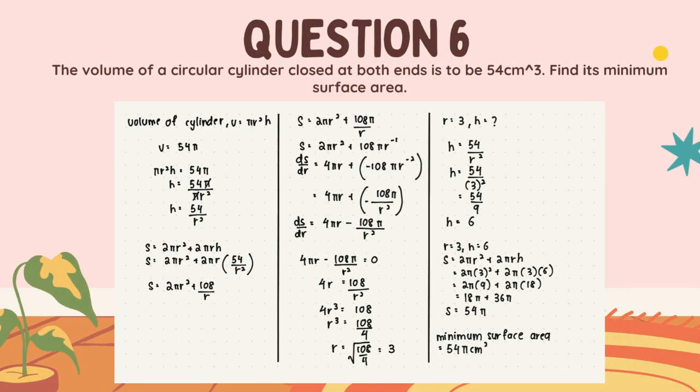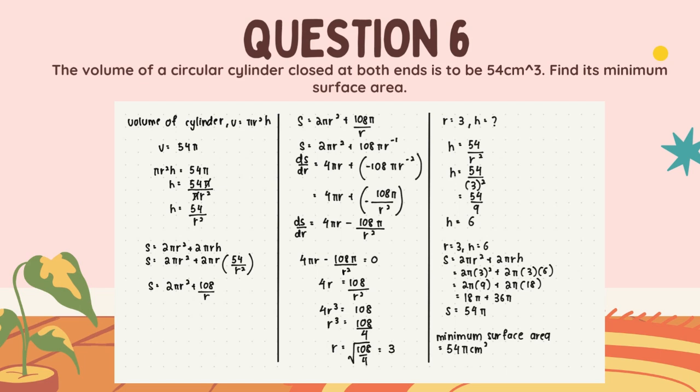So, to find the minimum surface area of a closed circular cylinder with a given volume, we can use differentiation. First of all, the volume of the cylinder is given as 54π.